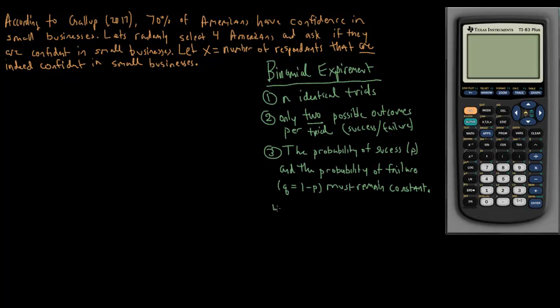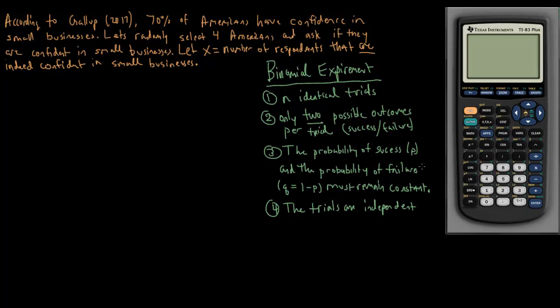Now, the fourth requirement is that the trials are independent. Okay. Now, what is independent? Remember, we have a definition in Chapter 4. Independent means that the one event happening doesn't affect the other.